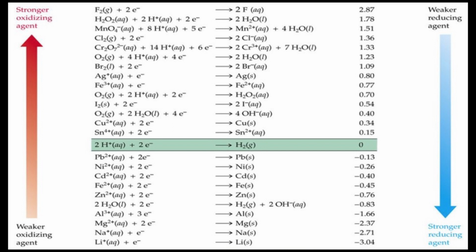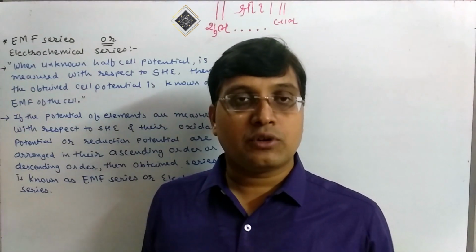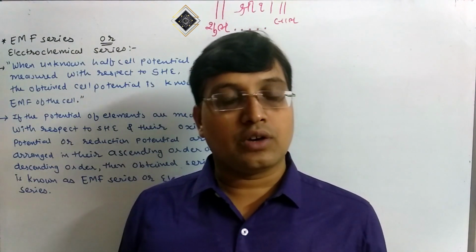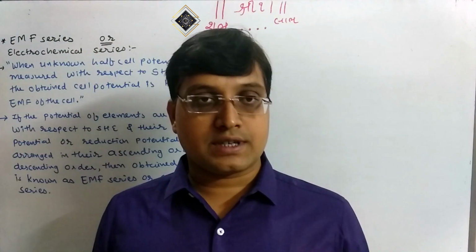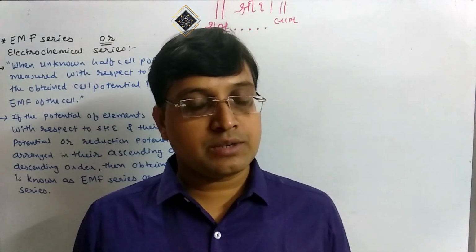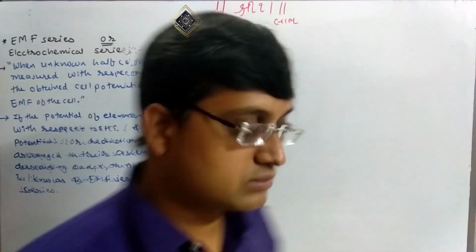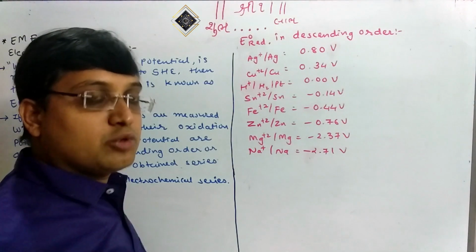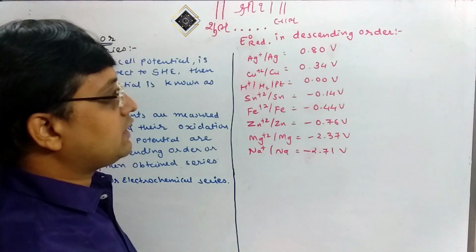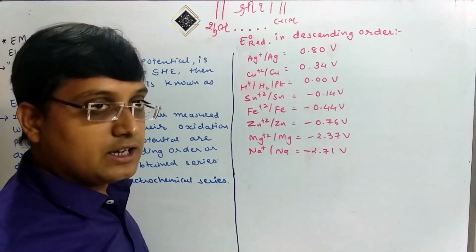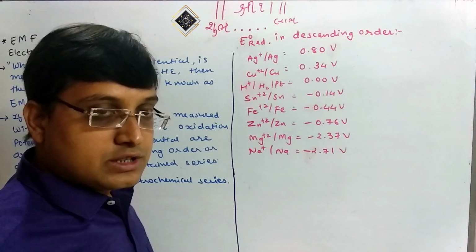Okay, just go through it. Even in a textbook they gave electrochemical series. Just see it and then continue with this topic. Here I am giving you some examples of the EMF of the cell and I am arranging their reduction potential in descending order. Now just give attention.